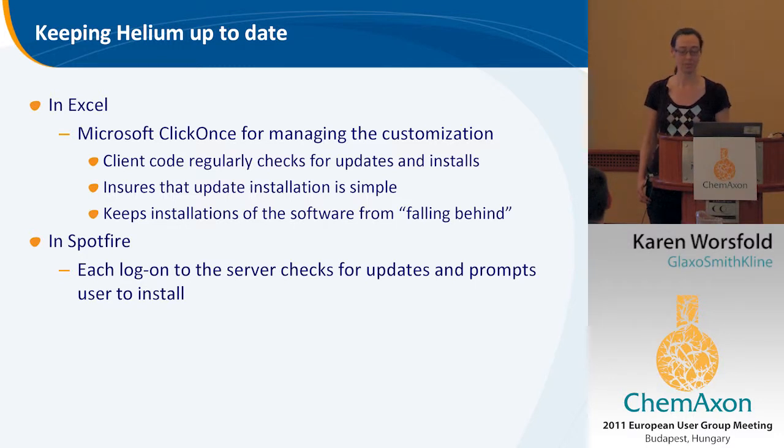We felt this was very important for maintaining any bug fixes or new enhancements we wanted to deploy in Helium, especially as our users don't read their email to install anything new. I'll mention Spotfire in a minute, but we have Helium integrated with Spotfire as well, and that automatically has the mechanism for checking for updates when you log on to the server. Again, we enforce that you have to log on to the server every 30 days.